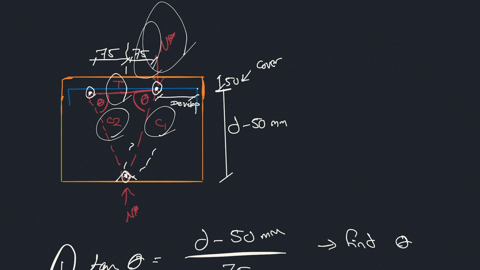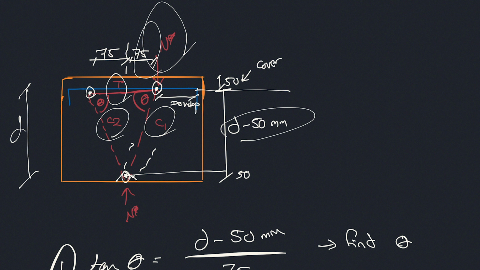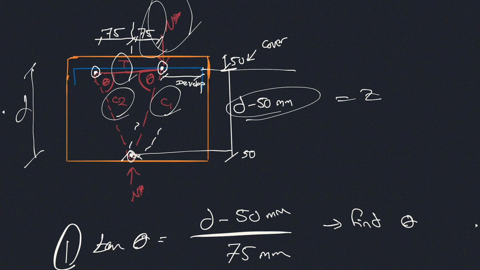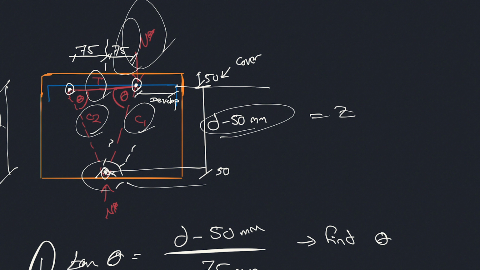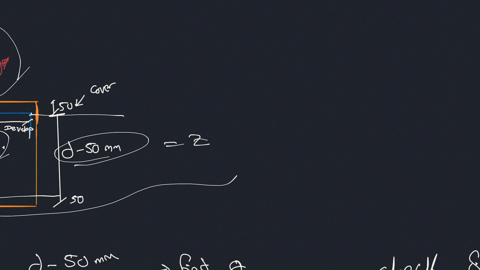So your center from the tie to the center of the node here is going to be this depth from your tie to the bottom, and you take out a 50 mil, and we're going to call this Z just for the ease of reference. And the reason we took a 50 mil is because if we sketch what's happening over here, we're going to have a pile, and then a flat surface at the bottom of the pile cap.